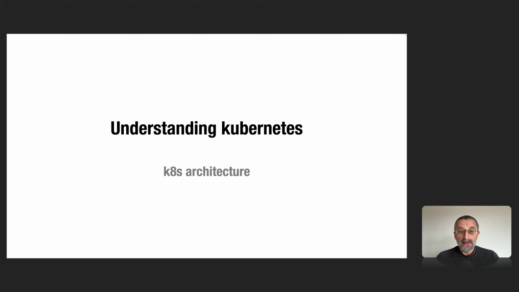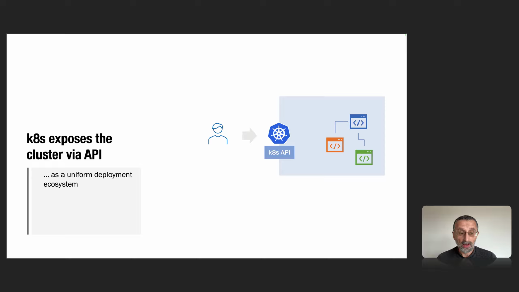So let's dive into the Kubernetes architecture, still at the very high level. Firstly, Kubernetes exposes your cluster, your set of servers, via APIs as a uniform deployment ecosystem.